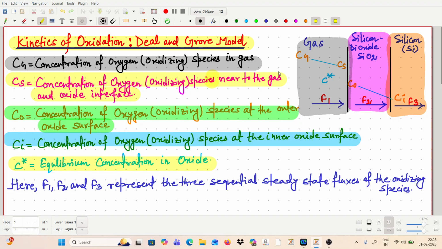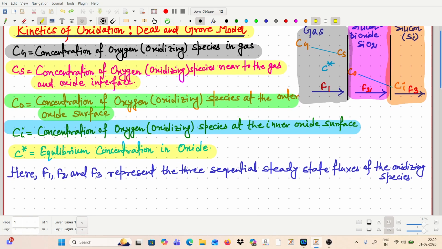Cg is the concentration of the oxidizing species in gas, Cs is the concentration of oxygen at the gas and silicon oxide interface, C naught is the concentration at the outer oxide surface, Ci is the concentration at the inner oxide surface, and C star is the equilibrium concentration in oxide. So this is the rough idea about all these things.